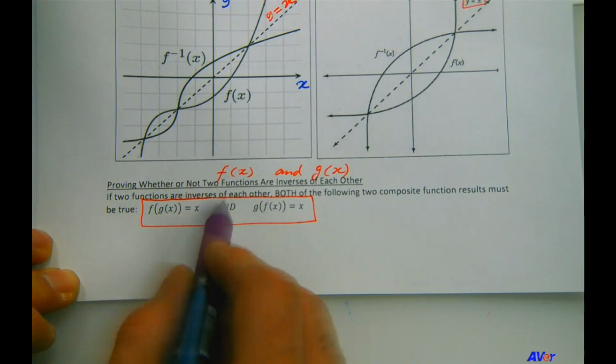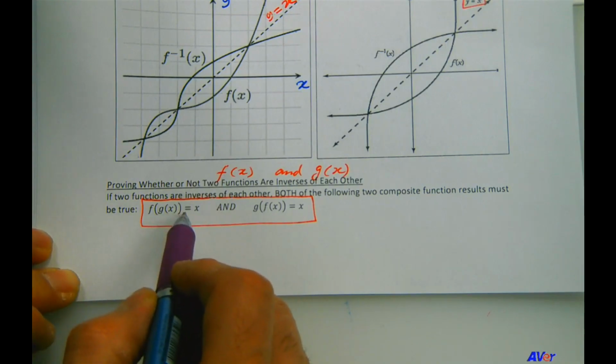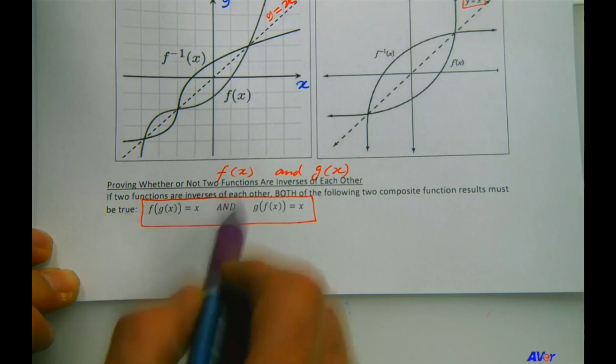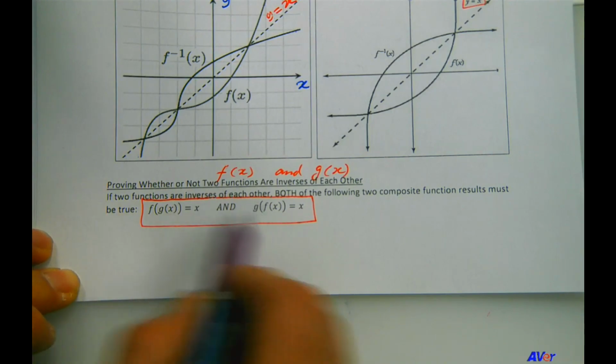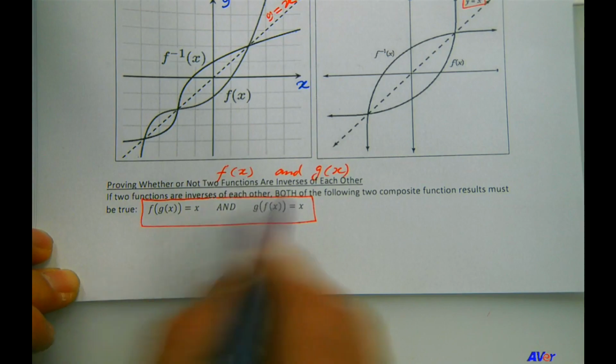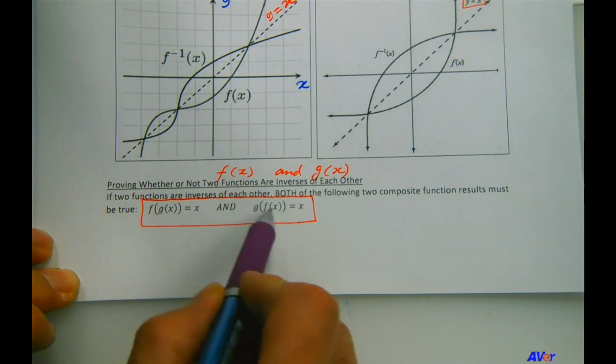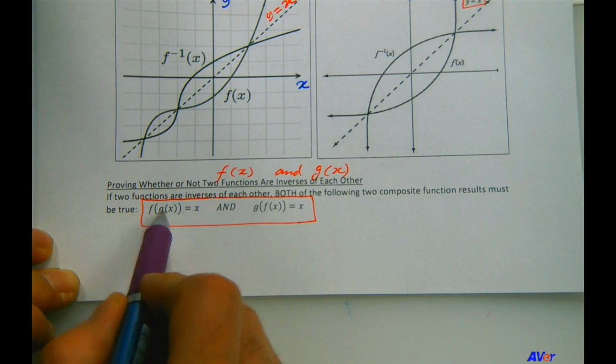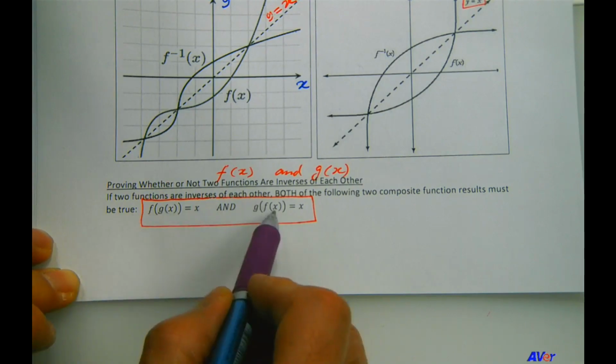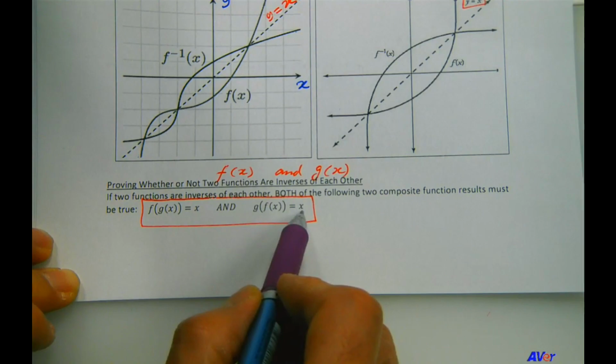And so if this happens, we cannot stop. We need to find the composition of these two functions in the reverse direction. So now composition of g and f. Notice composition of f and g, and then g and f, we should get x.